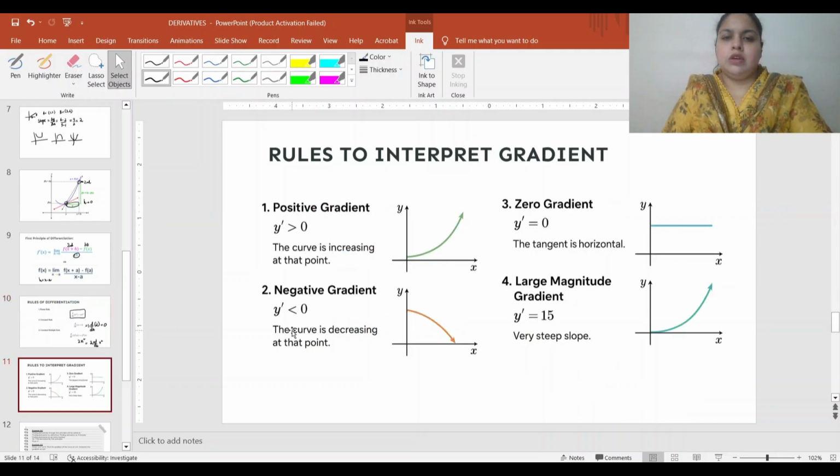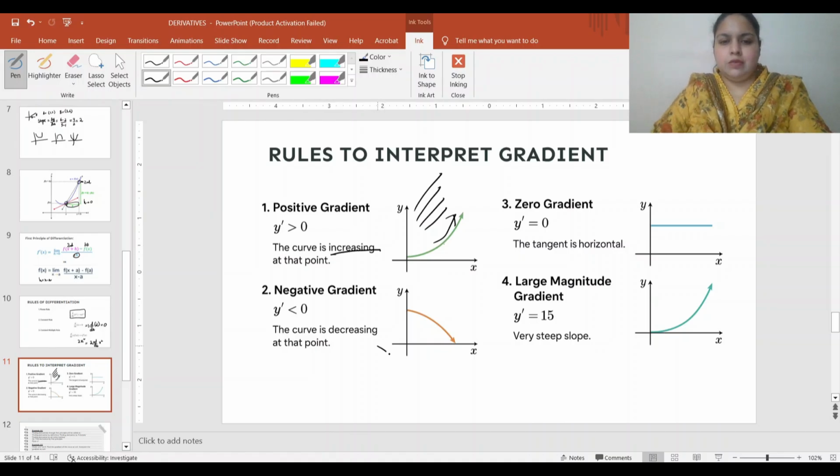Let's come on to the conclusion part of any question. If they ask you to interpret the gradient, for example, you found an answer and now they're asking you to interpret the graph, the curve. So if the curve is increasing, going upwards like this, the upward form, that means it is increasing.